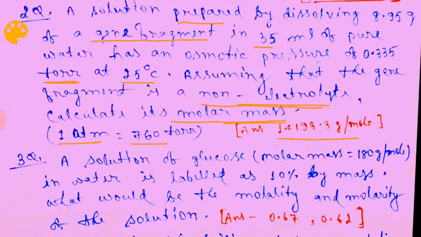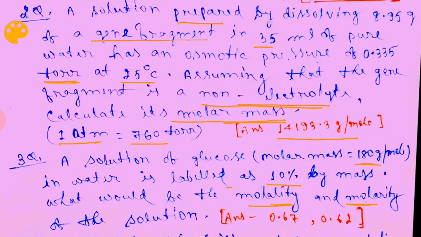A solution of glucose, molar mass of glucose is 180 gram. A solution of glucose in water is labeled as 10% by mass, means it is the percentage concentration W by W. What would be the molality and molarity?